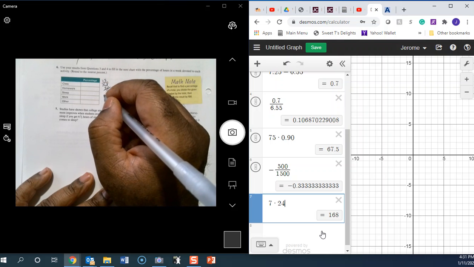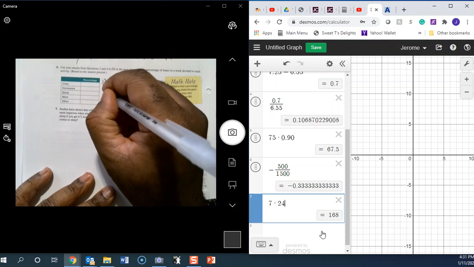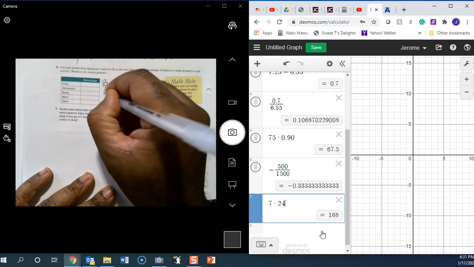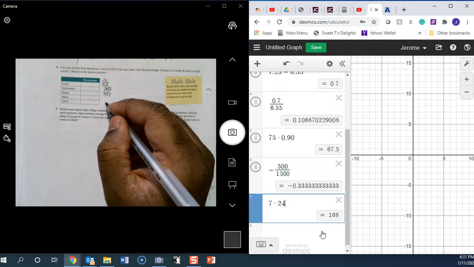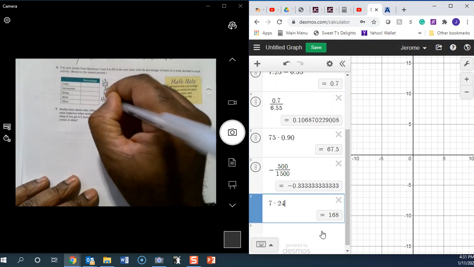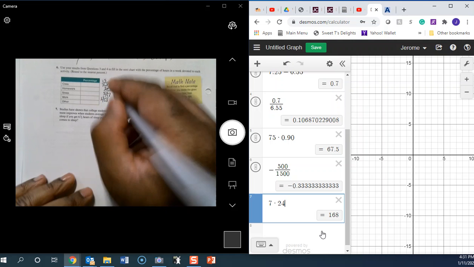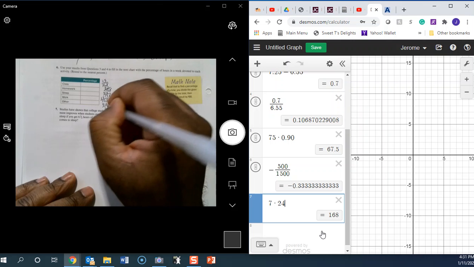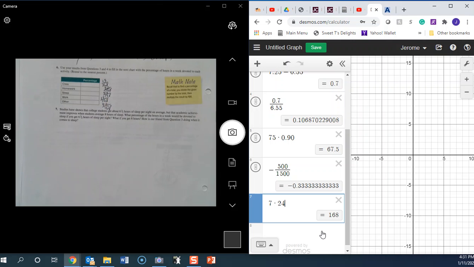Sleep was 54 over 168. Work was 15 over 168. And then finally, other was 52 over 168. These are the values that you have to divide and make these into percentages. It said round to the nearest whole percent.